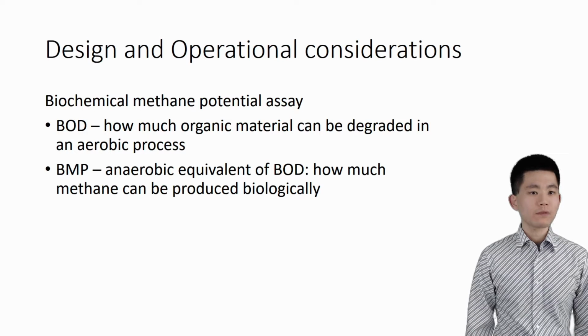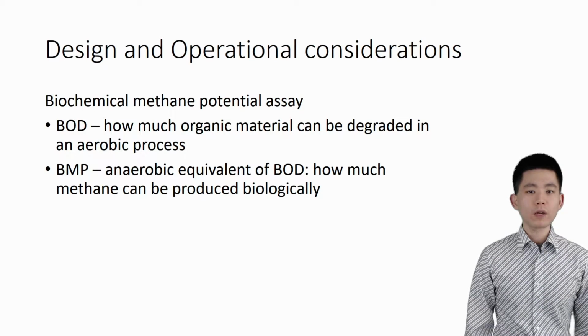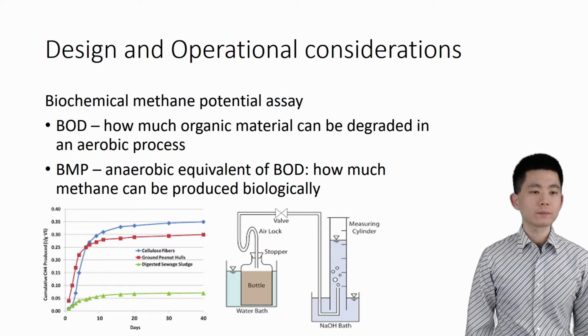Instead, biomethane potential is used to quantify biodegradable organics in anaerobic processes. Similar to BOD measurements, BMP experiments also mix the substrate with the inoculum, and the cumulative methane production is measured over time. A warm water bath is typically used to speed up the reaction.